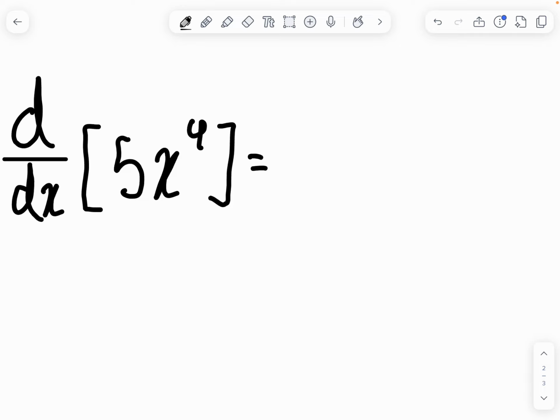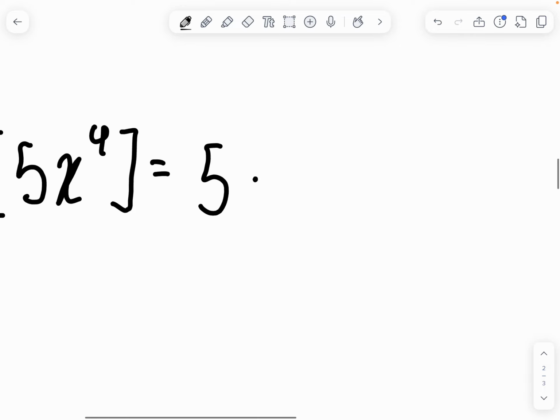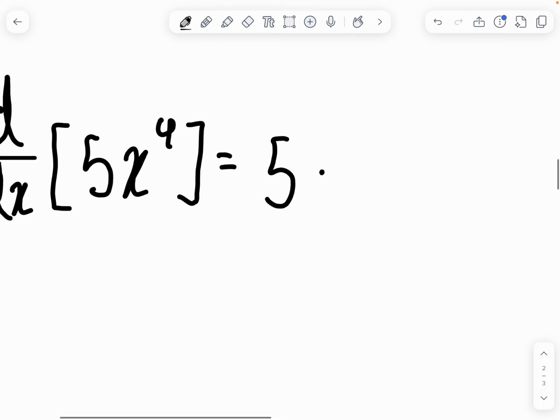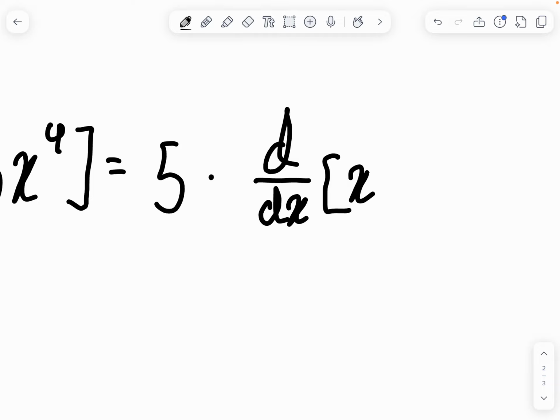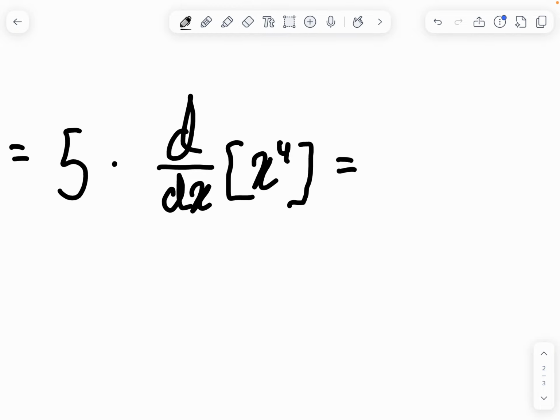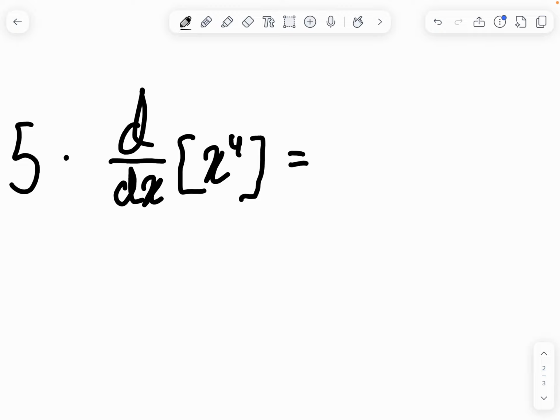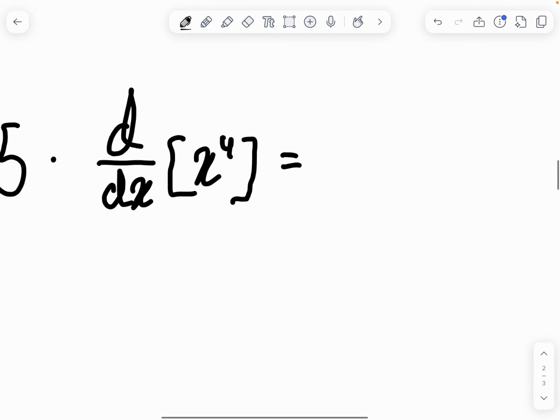what you do in this scenario is you do 5 times the derivative d over dx of x to the power of 4. Okay, and as we remember, the derivative of x to the power of 4 is 4x cubed. So this is 5 times 4x cubed.